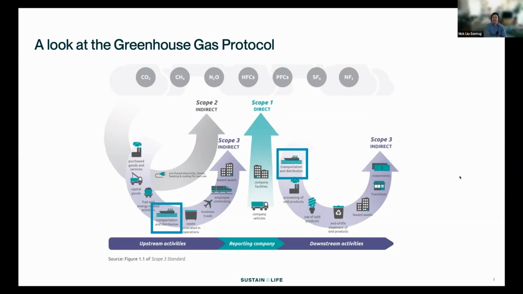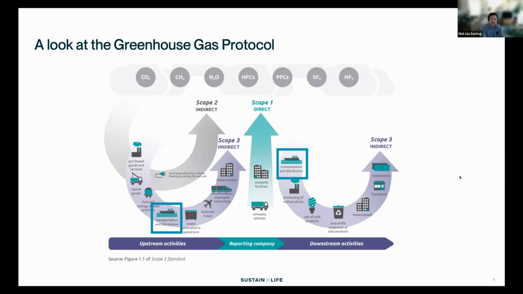And so the activity data that we're working with for these categories are shipment-level data, like origins, destinations, and weights of your shipments, as well as total volumes and weights of how much you're storing in retail stores or in warehouses.